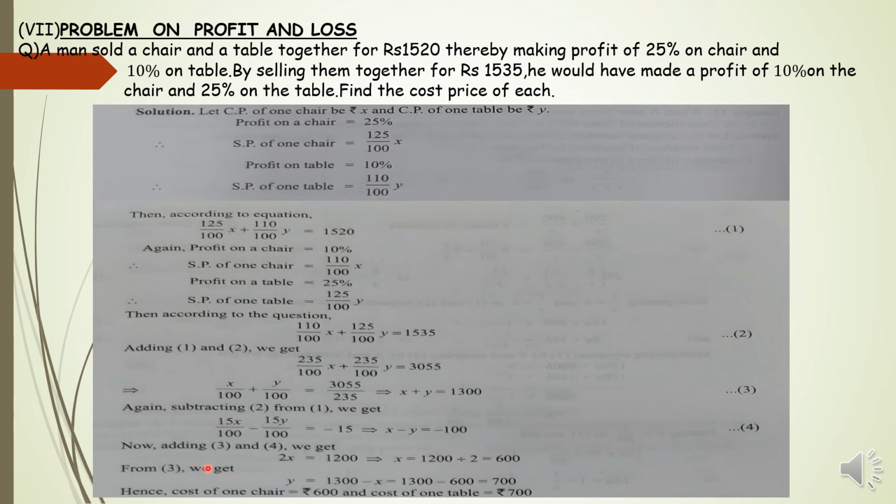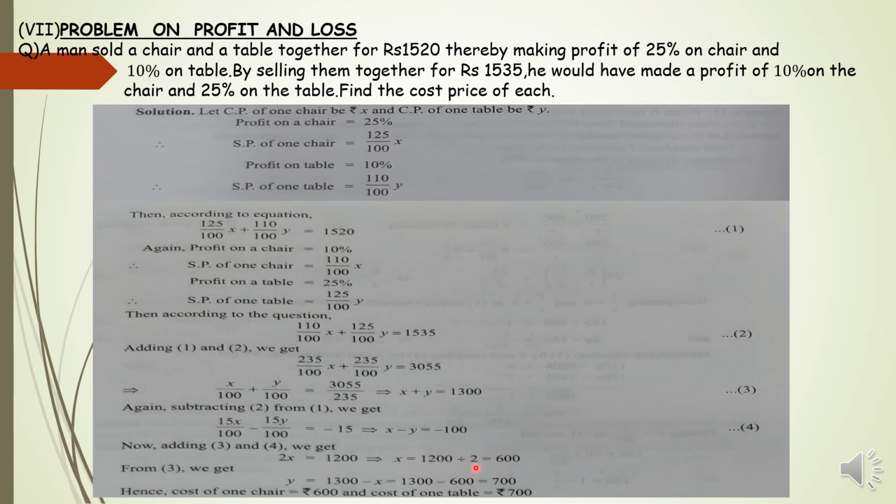Now adding equation number 3 and 4, we get 2x equal to 1200. Why we are adding? We are using elimination method. We have x plus y is equal to 1300 and x minus y is equal to minus 100.